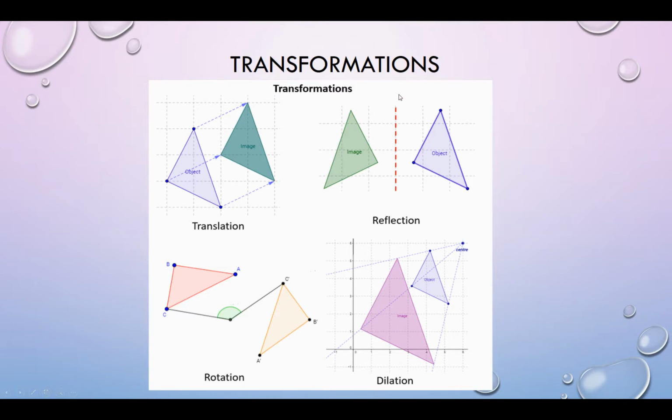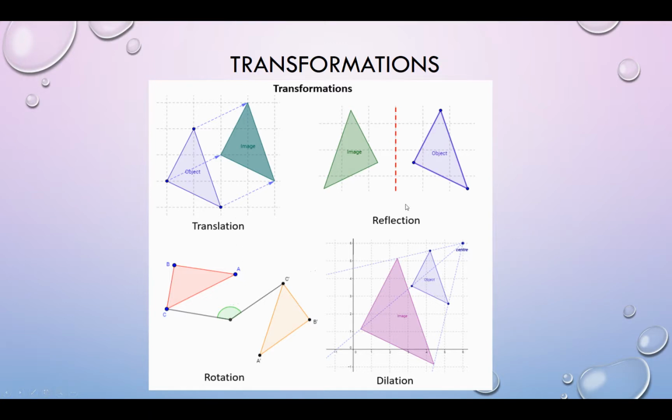A reflection, on the other hand, has to have a line, and you take an object and reflect it over that line. A rotation means I'm taking an object and rotating it, like in here, point C to over here, point C, rotating it a certain angle.